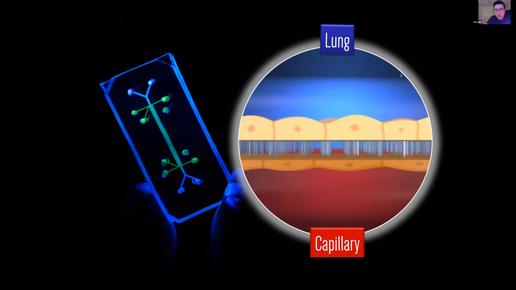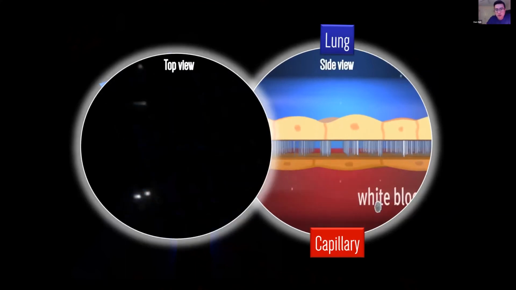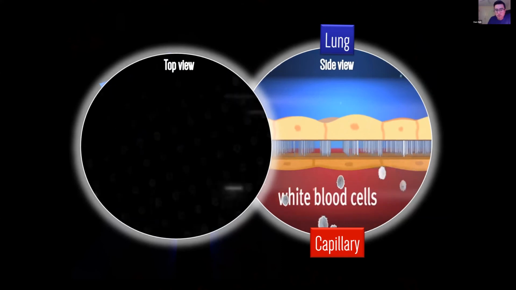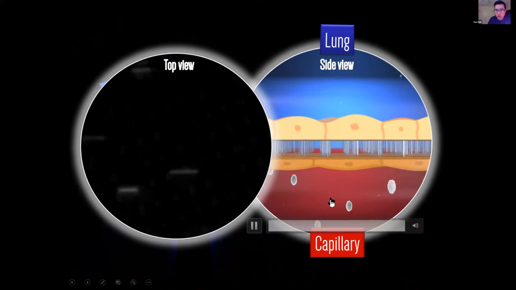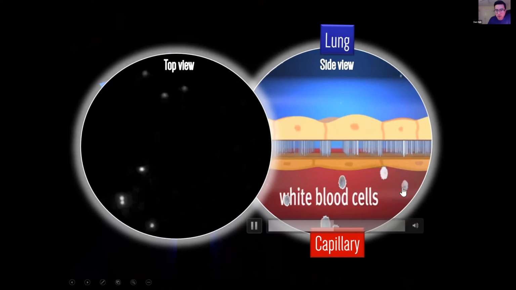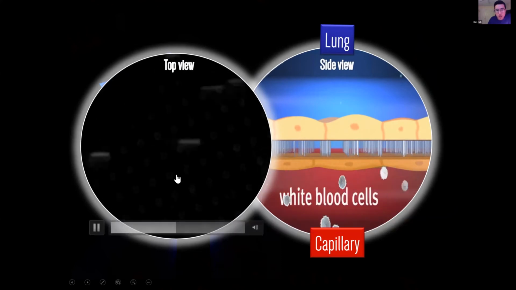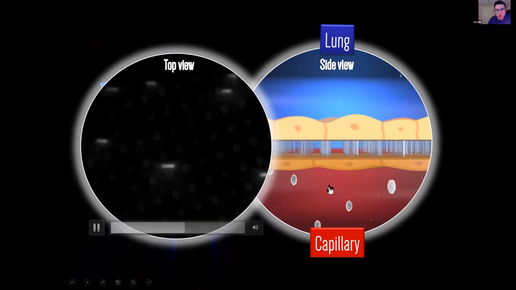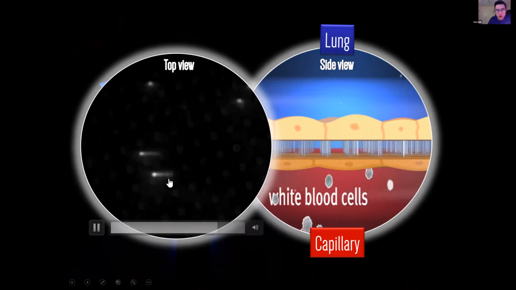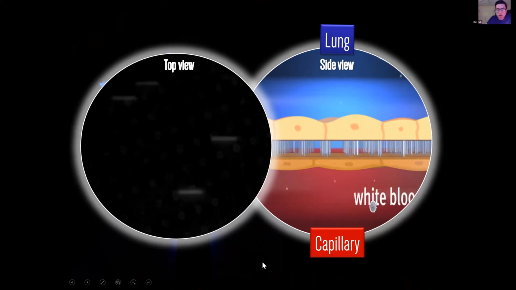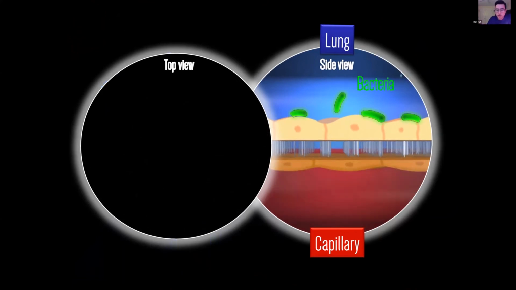To address this question, we did an experiment where we got some human neutrophils. We fluorescently tagged them and put them into this lower vascular compartment. As you can see in this top-down movie of the vascular compartment, they just zip by without doing anything interesting. But when we put bacterial cells on the lung surface to mimic pulmonary infection, take a look.